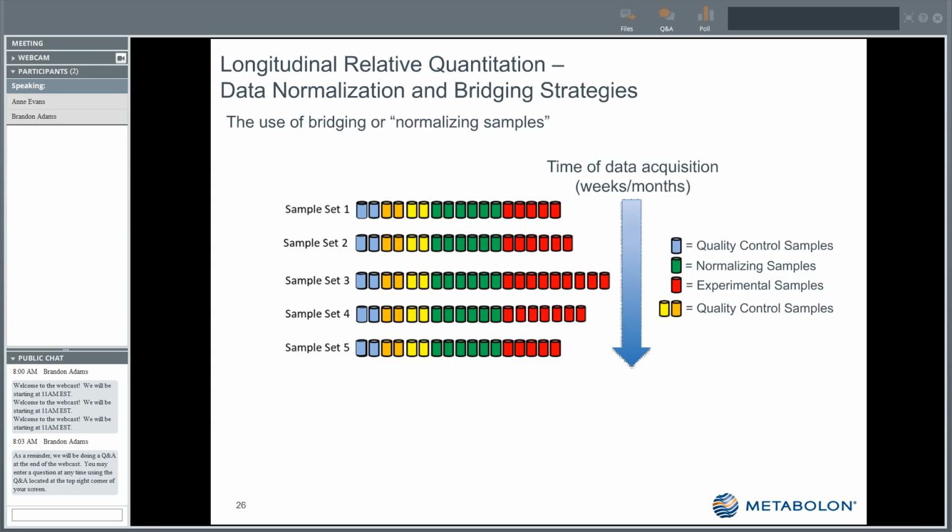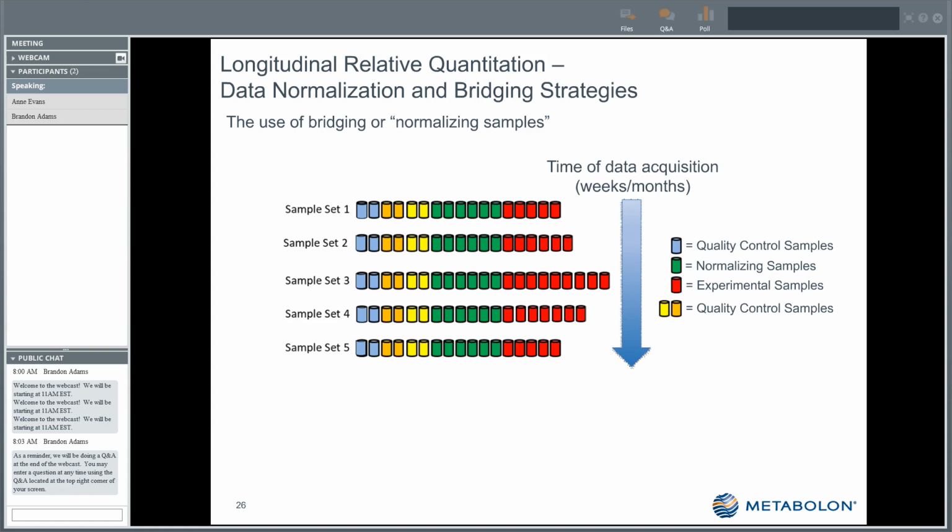The other approach that we've seen works very, very well is the use of either a normalizing sample or a bridging sample. This is where you run the same set of samples, ideally a number of replicates of it, over the course of the entire study.